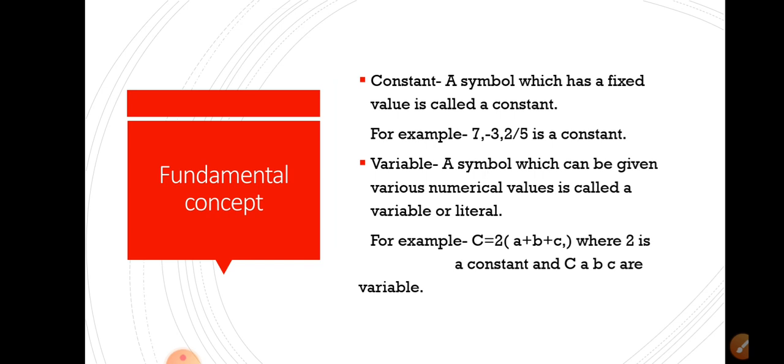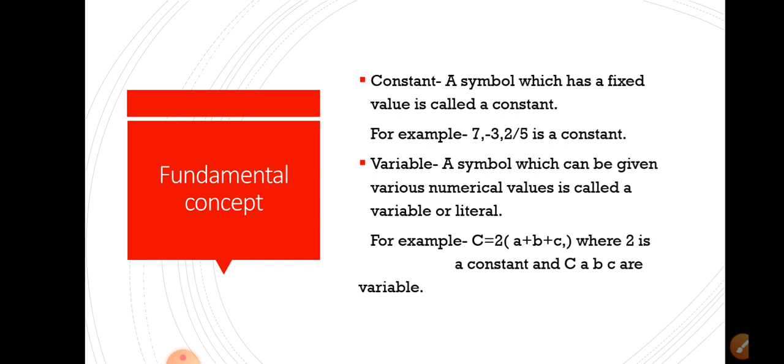For example, if it is given C equals 2(a + b + c), we can say 2 is a constant because its value is fixed, and a, b, c are variables because their values are not fixed.